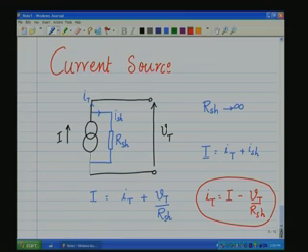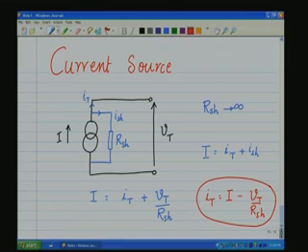Now, the terminal current will be same as the ideal current source current if R shunt had been infinite. So, in an ideal current source, R shunt would be infinite, and therefore, this term would be 0 and IT would be same as I. However, in a practical case, R shunt is not infinite. There is some contribution of this as Vt increases from 0 to a higher value.